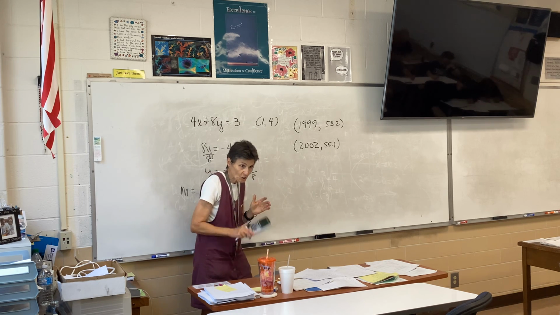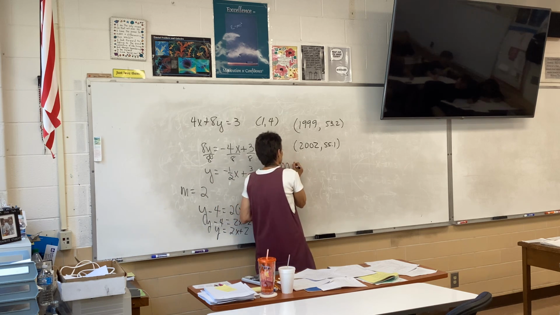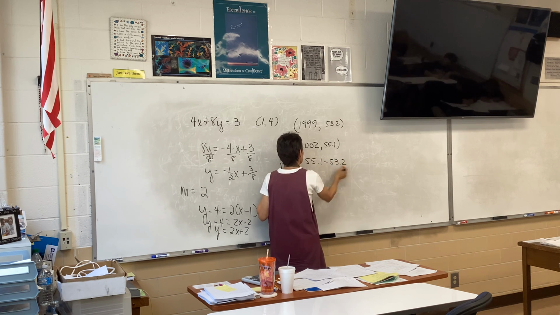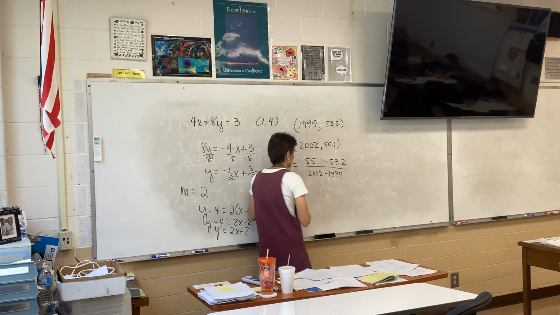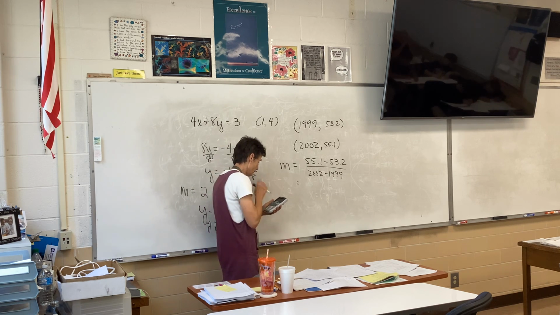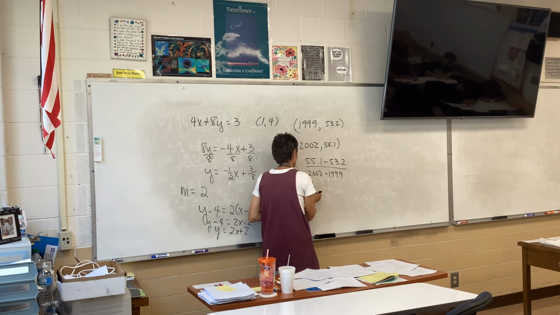Linear equation. Guys, it's just what we just did. We gotta find the slope. So the slope, y minus y over x minus x. And I get a slope of 19/30.